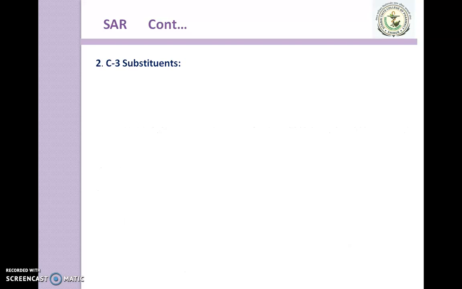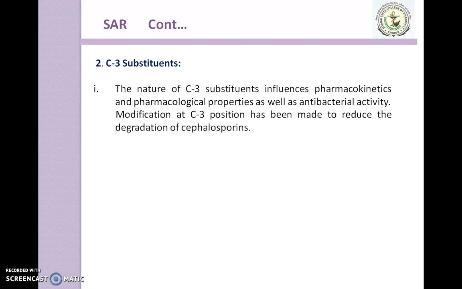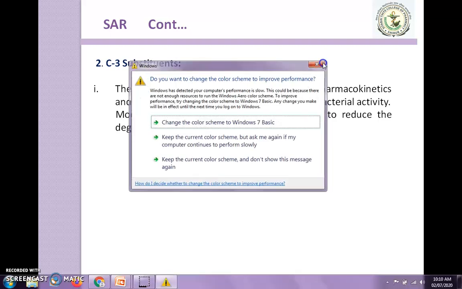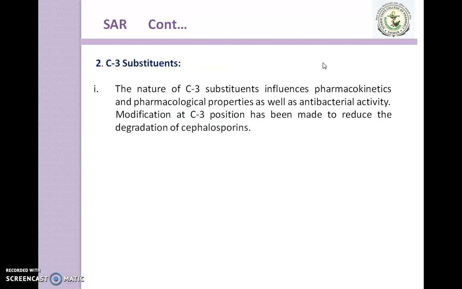Next point is related to the carbon 3 substituents. First point, the nature of carbon 3 substituents influences pharmacokinetics and pharmacological properties along with antibacterial activity. Modification at the carbon 3 position has been made to reduce the degradation of cephalosporins.